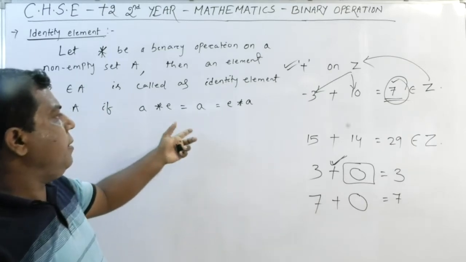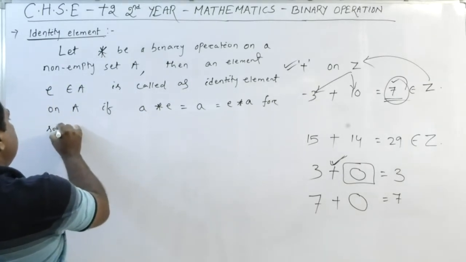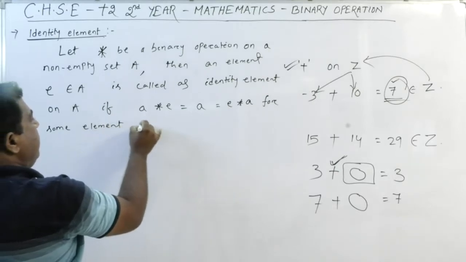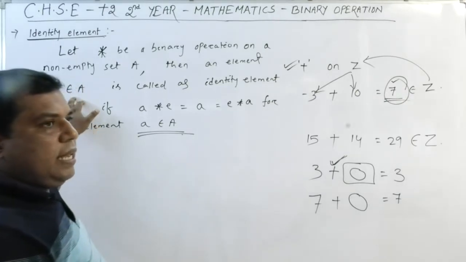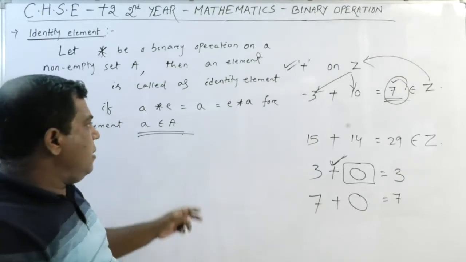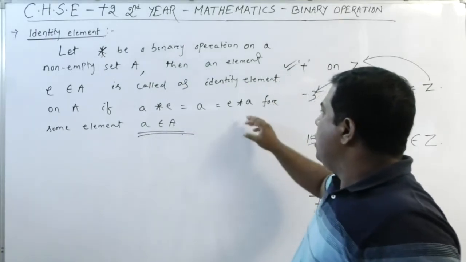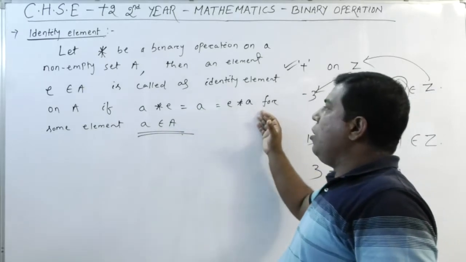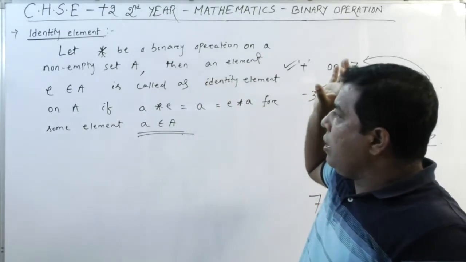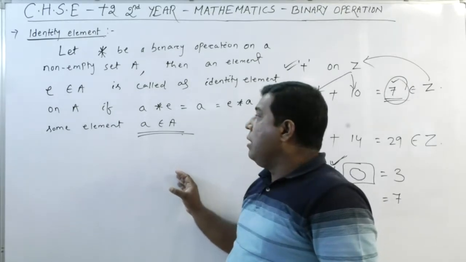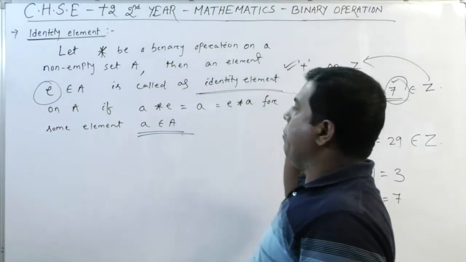For some element A belonging to set A, and E also belonging to set A, if we get E for which A star E equals A, which is equal to E star A, so either A operated on E or E operated on A, in both cases the result is equal to A. If this is the condition, then that element E is called the identity element.